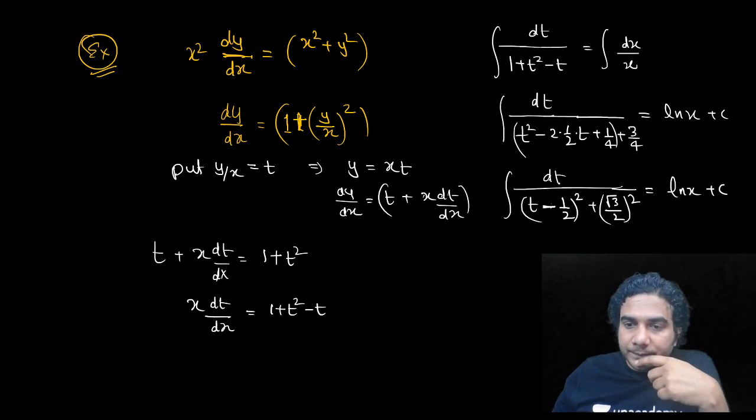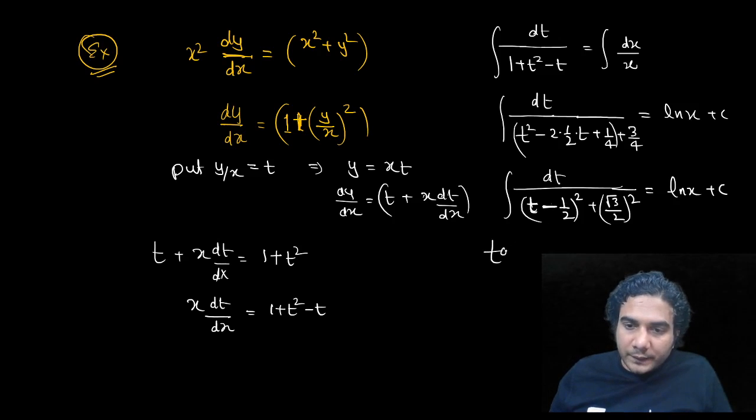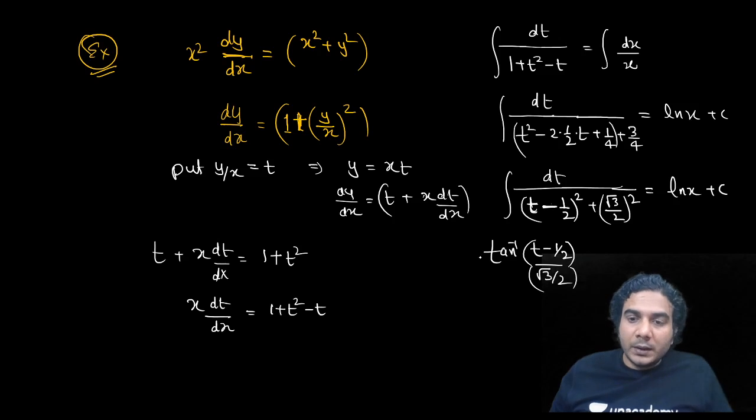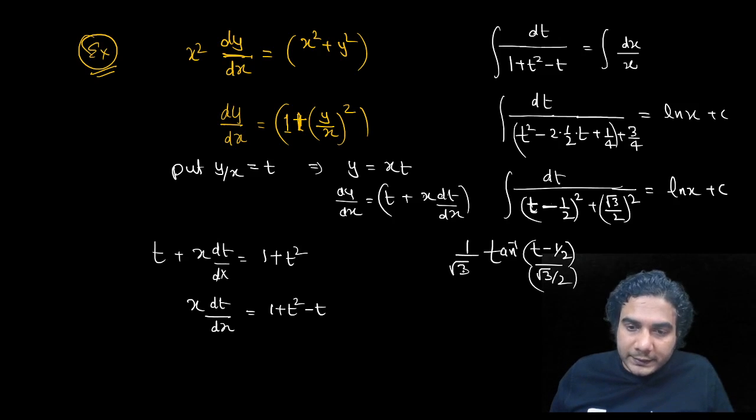Now you can see it is going to be tan inverse of t minus 1 by 2 upon root 3 by 2, and tan inverse of x upon a and 1 upon a also. That is the formula of dx upon a square plus x square, root 3 by 2, is equal to ln x plus c.